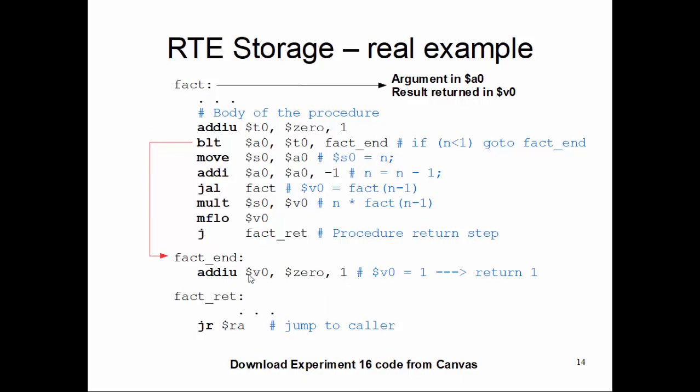Okay. And then we have something called factorial return. It's a good practice to make a label called a return label, where we'll do some operations. We'll see it later, but at the end of the day, we'll do a jump register to $ra. So that means jump back to the caller.